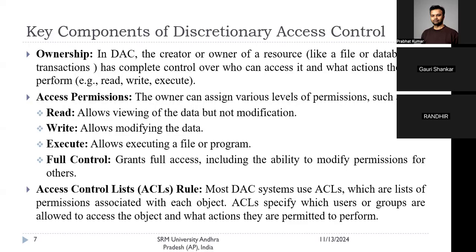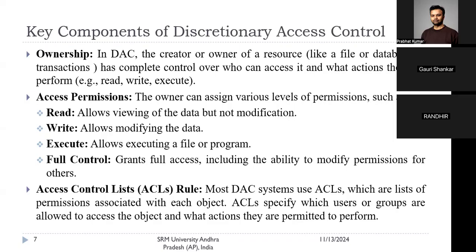Suppose I want to give read permission only to a particular user, that we can provide with discretionary access control. That user can be given write operation, execute operation. All this kind of operation and access permission will be given by that particular owner.